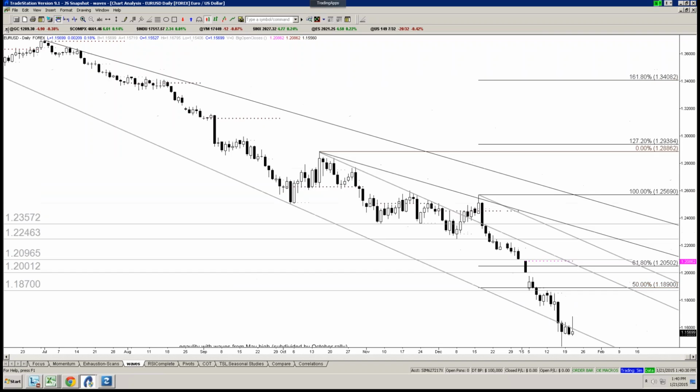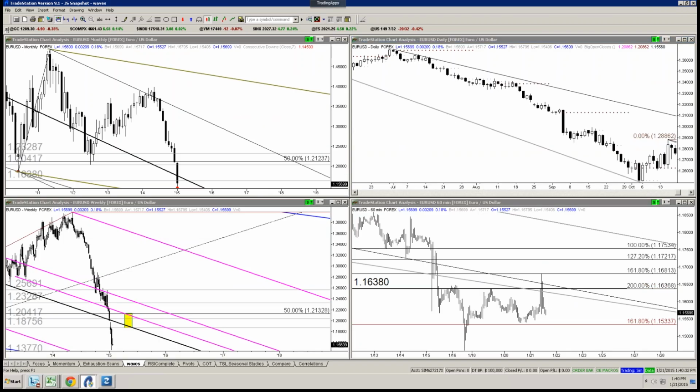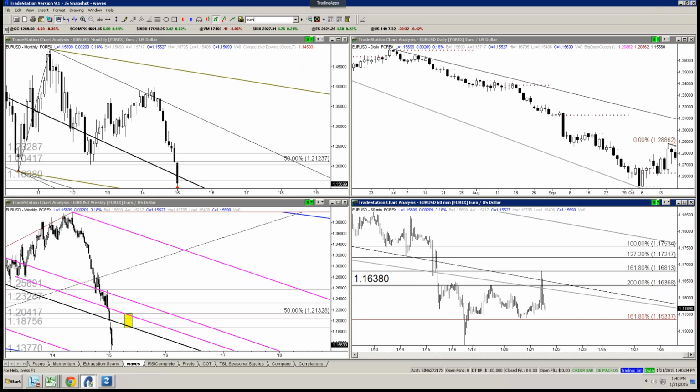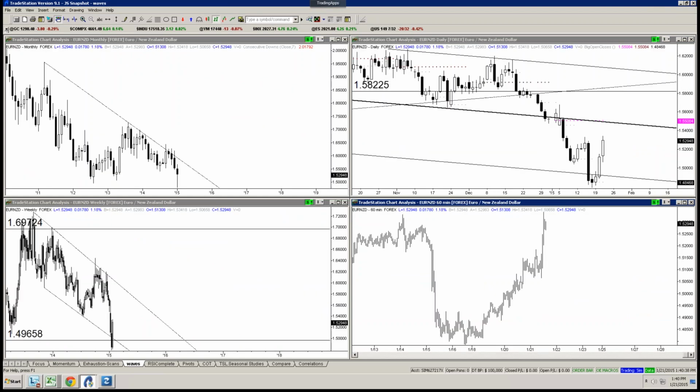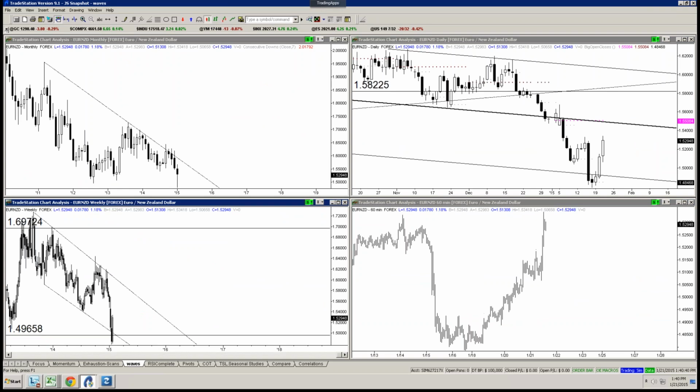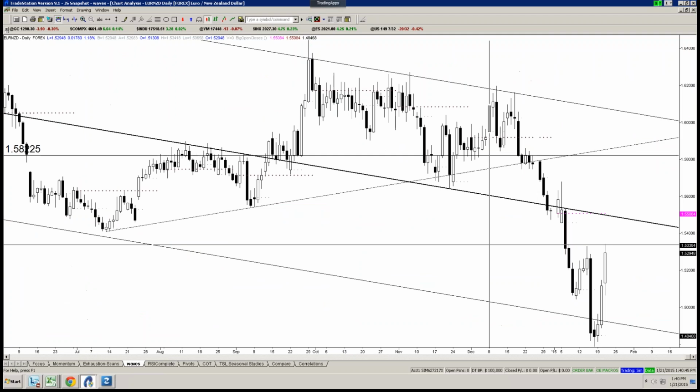Okay. Now, what might be the best way to approach this is the euro against the New Zealand dollar. Okay.